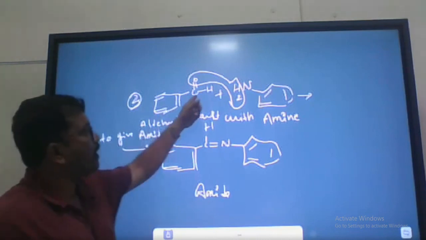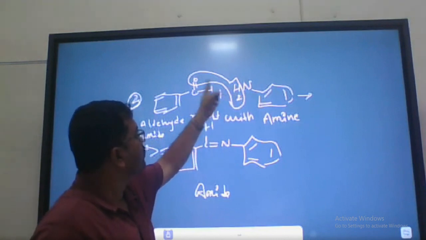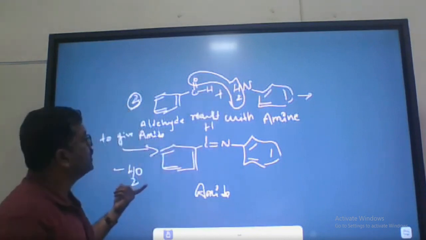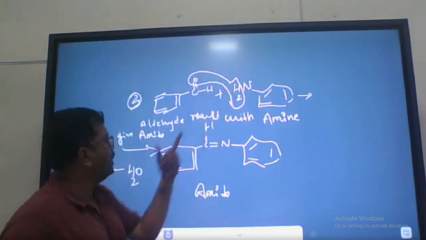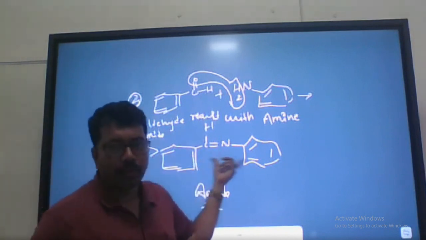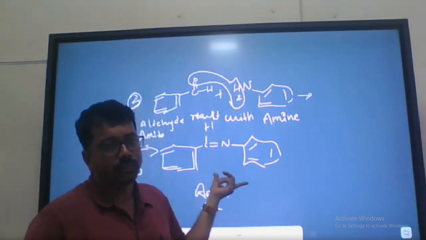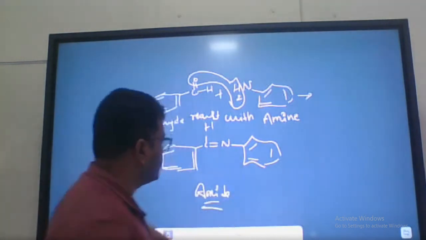See, aldehyde with an amine function, H2 and O are removed as water. The remaining carbon and nitrogen double bond is called the amide functional group. Carbon nitrogen double bond is there means it is the amide functional group.